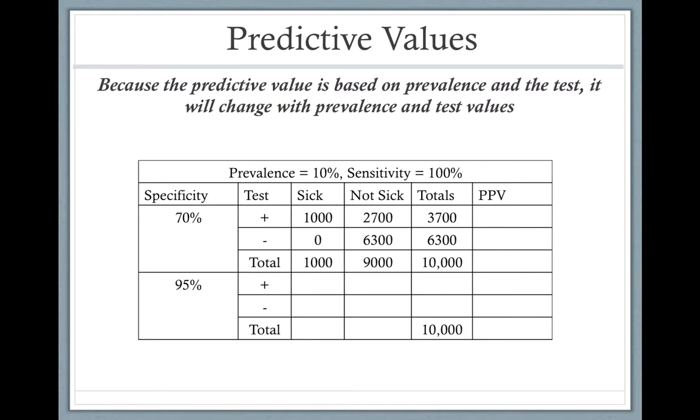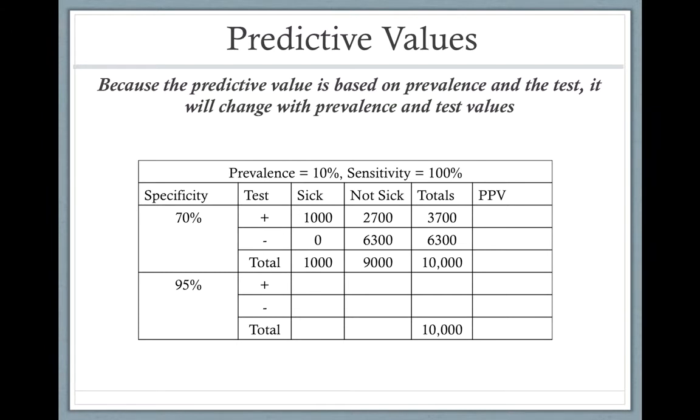So if you varied the sensitivity, you would see that as the sensitivity decreases, there's less true positives, less people in the sick and tested positive box, which is going to decrease that numerator of the positive predictive value, and then we'll decrease the positive predictive value overall.